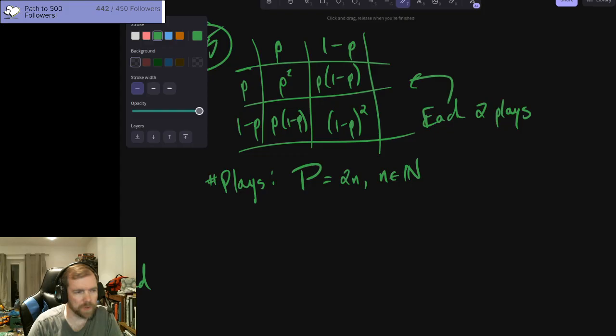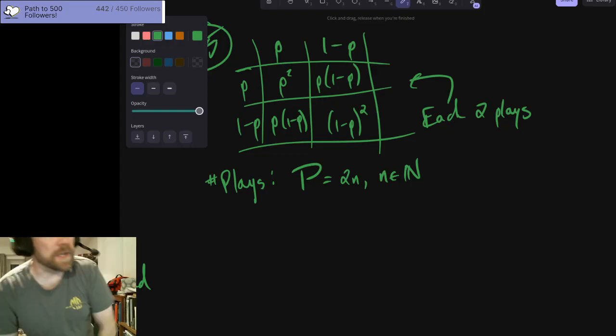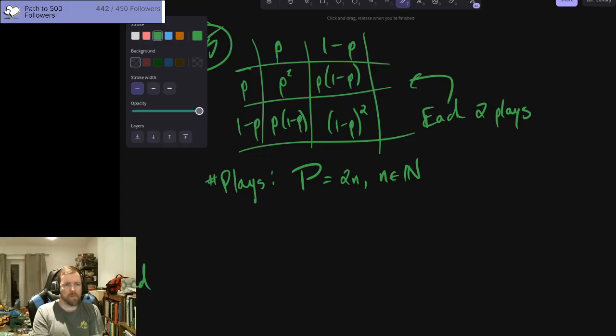Right, this is going to be our probability table for each of the 2 plays that we get. And all that has to matter is we have to get more: p squared plus 2p times (1 minus p) compared to (1 minus p) squared.